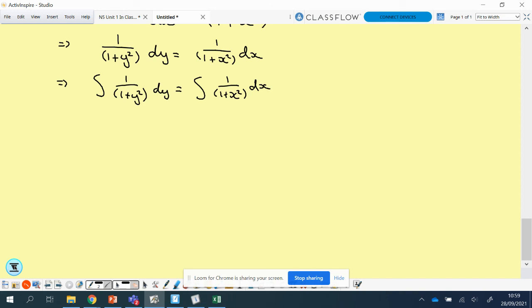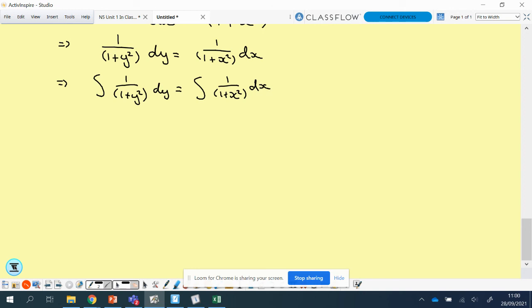Okay, so if I integrate, what will this become? Go for it. Is it log of 1 plus y squared multiplied by 2y? Not quite. Have a look at your formula sheets again because this is actually a standard integral. The inverse tan.